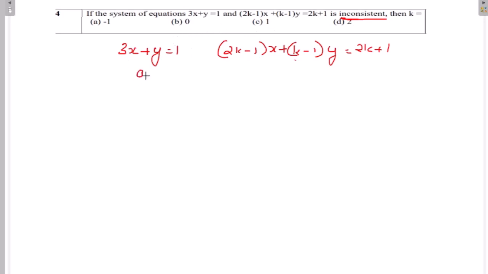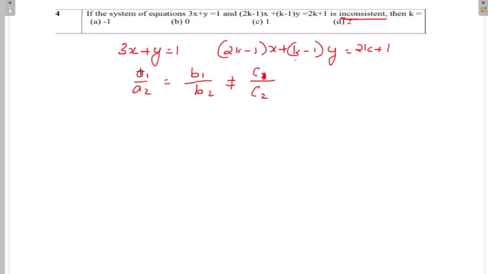All of you know that it is a1 by a2 is equal to b1 by b2 is not equal to c1 by c2. This is the condition for two lines to be parallel, right?